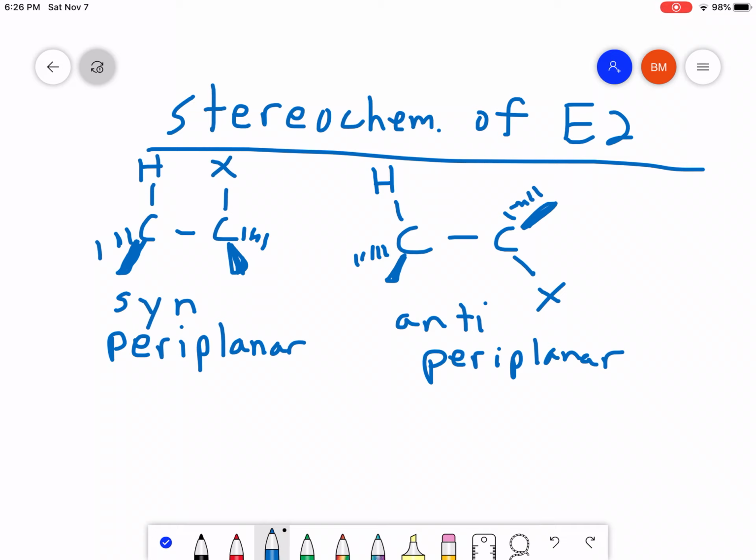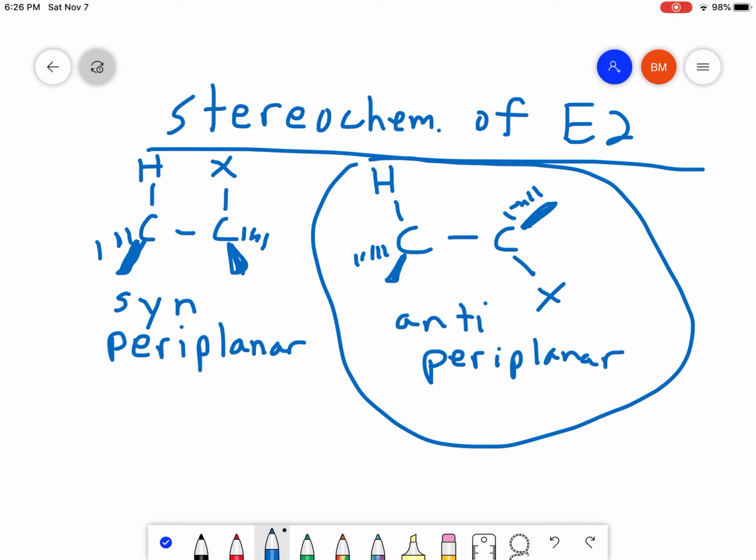Guess what? The alkyl halide could only react in one of these arrangements. Yeah, the E2 mechanism is picky, right? It'll only let us do it in certain cases. You can only have E2 when your alkyl halide is in the anti-periplanar arrangement. This one, no go.